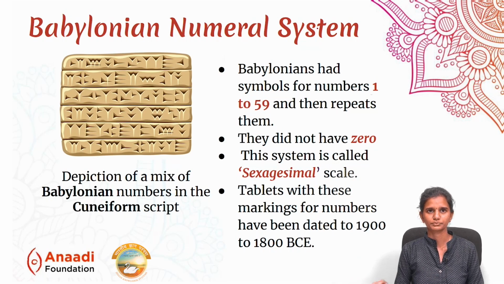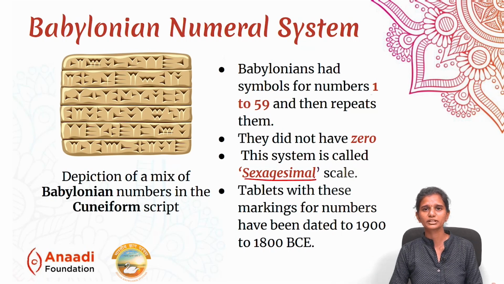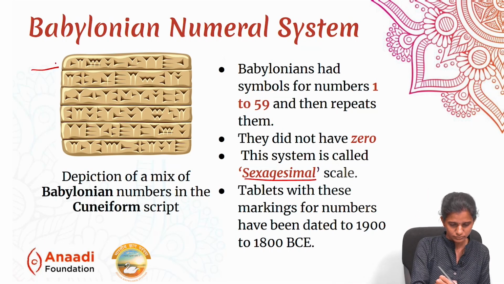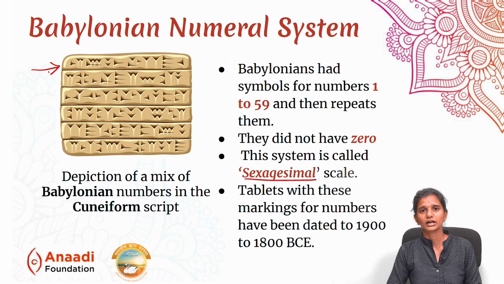Babylonian numeral system. This system is known as the sexagesimal system. What does that mean? This means that it is a base 60 system. It will have symbols from 1 to 59 and then repeat those symbols by grouping them. What we see here is an artistic depiction of a Babylonian clay tablet with numbers.